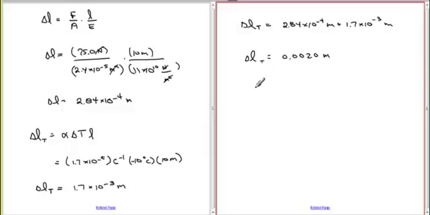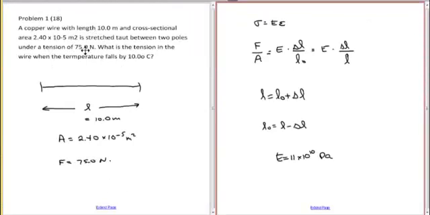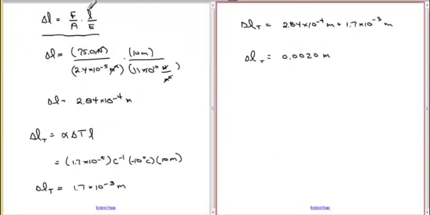Okay, so now we go back and we use this relationship here, but we solve for the force, because what they're asking for here is the tension at the lower temperature.